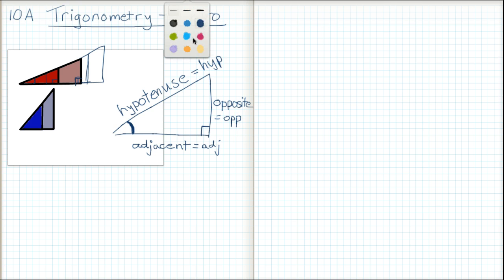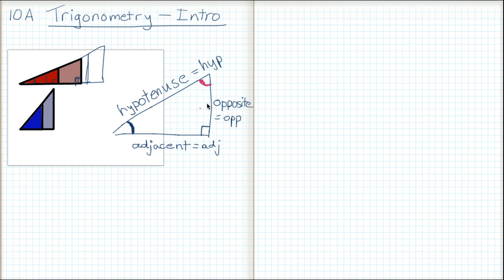I'm going to change colors. If I were talking about this angle here, same triangle, just looking at the other angle, then the hypotenuse always stays the same because it's across from the right angle and is the longest side. But this angle no longer touches this side. It now touches what was the opposite side.